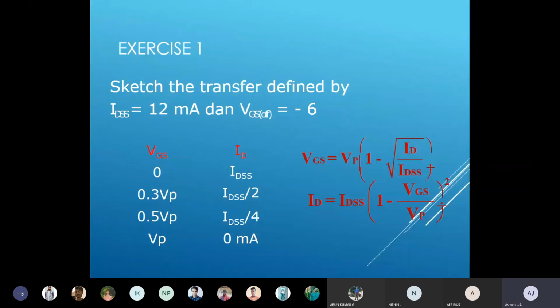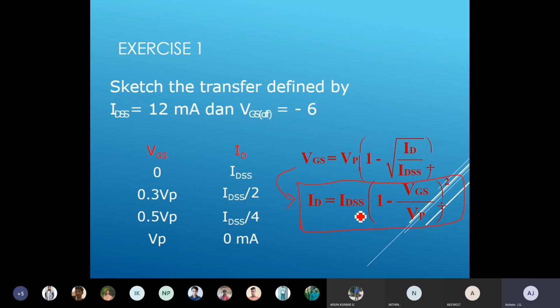Okay, and here they represented, we know this equation, that ID is equal to IDSS into 1 minus VGS by VP, the whole square. So this is the known equation, just a small exercise here. And this equation is derived from here. So how?